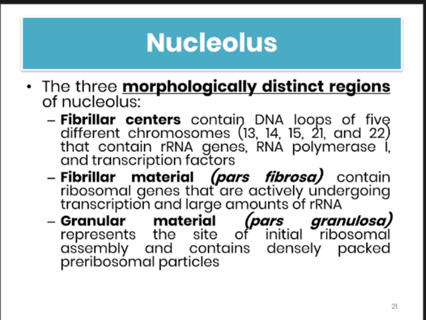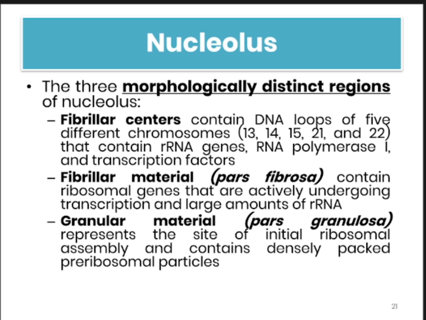So there are three morphologically distinct regions of your nucleolus. First is your fibrillar centers. Your fibrillar centers would actually serve as the hub for rRNA gene transcription. So it contains DNA loops from chromosomes 13, 14, 15, 21, and 22, along with your RNA polymerase 1 and the transcription factors crucial for rRNA synthesis.